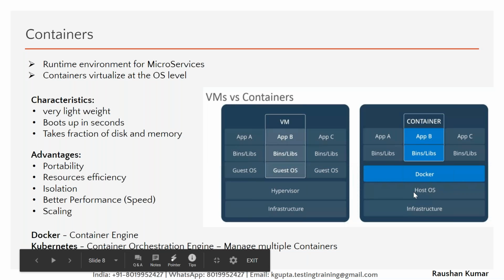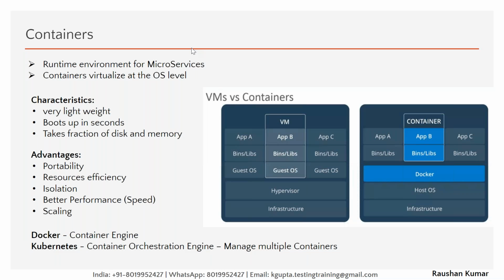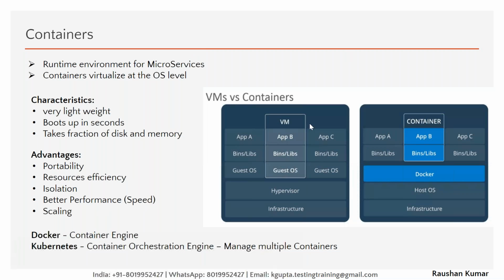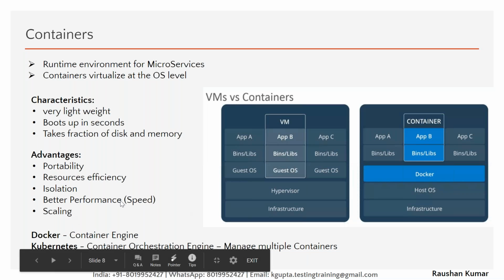With that, we can use the host operating system. We don't need a separate guest operating system as in the case of VMs. That's how this technology has been developing. It boots up in seconds, which increases the speed, and a lot of performance issues get resolved there.